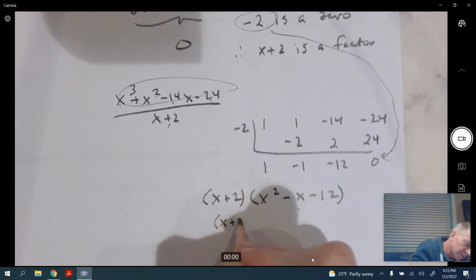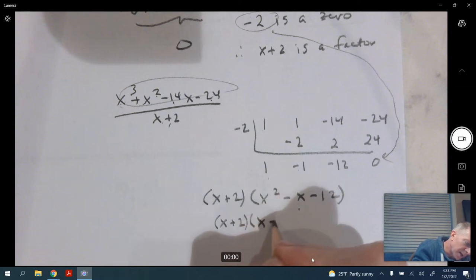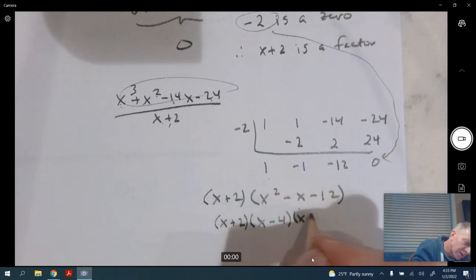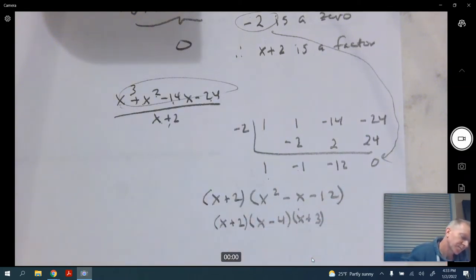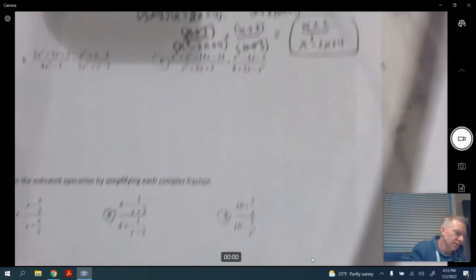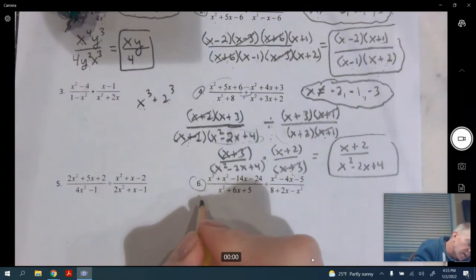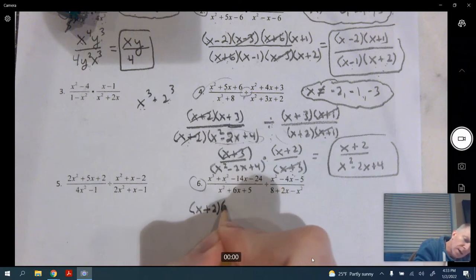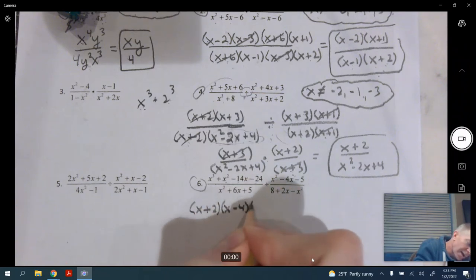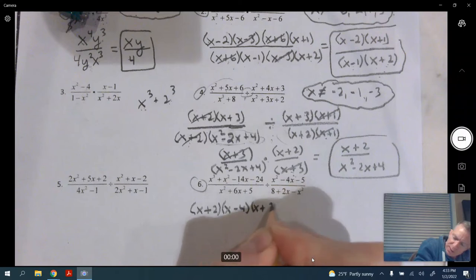We've got x plus 2, x minus 4, and x plus 3. All that just so we can factor this top part up here, which is going to be x plus 2, x minus 4, and x plus 3.